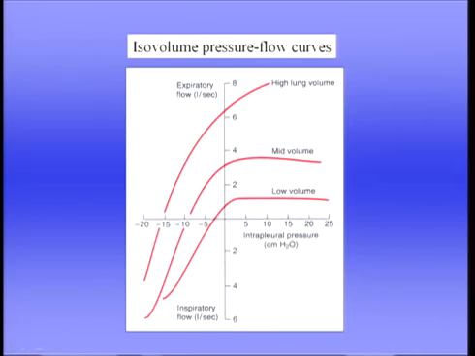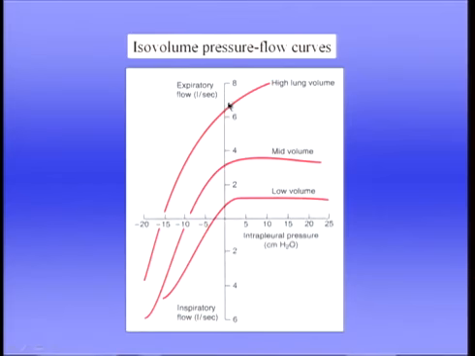In other words, what we're saying here is that no matter how much you increase your intrapleural pressure, no matter how much you try to exhale, contracting your expiratory muscles, mainly the abdominal muscles, you can't raise the flow rate.